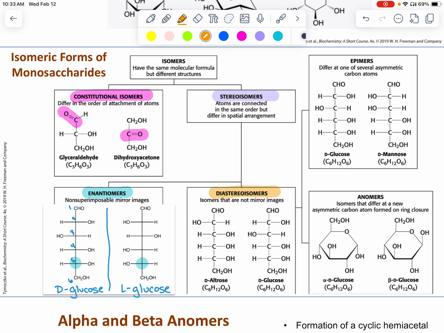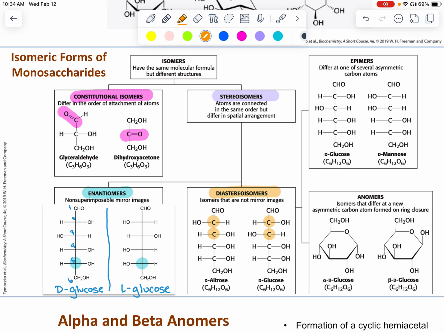Diastereoisomers. So these are isomers that are not mirror images. So let's look at the 2 examples here. And if I start looking, I can see that down here, these are the same, but now when I get here, the arrangement around those is not the same. And then when I look up here, the arrangement here is not the same.